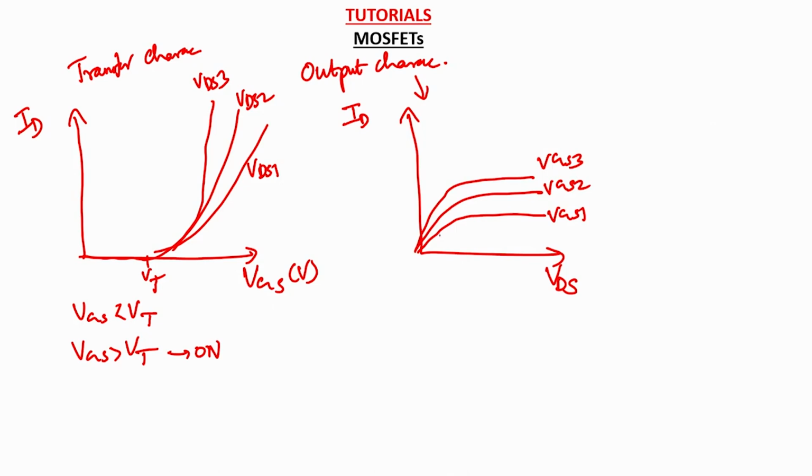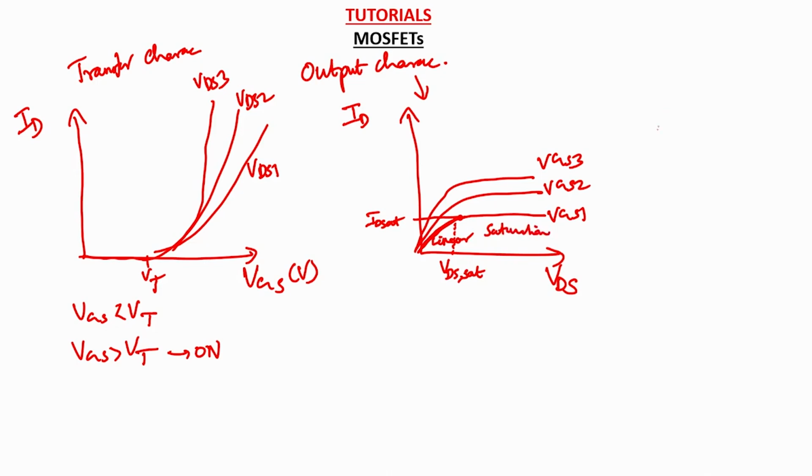There is something called the linear region where the current looks like this, and there is a point where the current saturates, and this is the ID sat value. And there is a point which is called the VDS sat, which is nothing but the pinch off point after which the MOSFET enters saturation. Until that, the MOSFET remains in the linear region, and this is the saturation region.